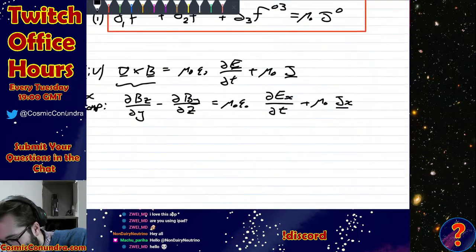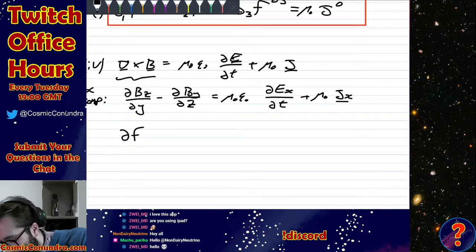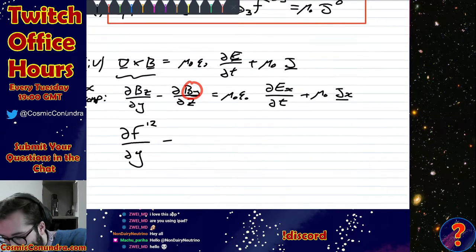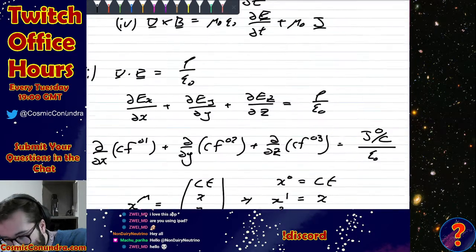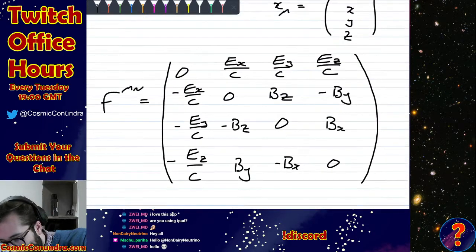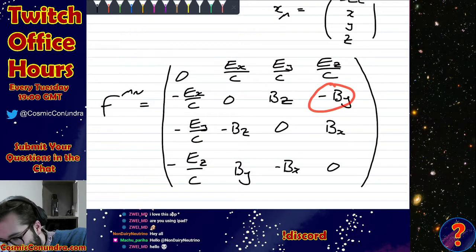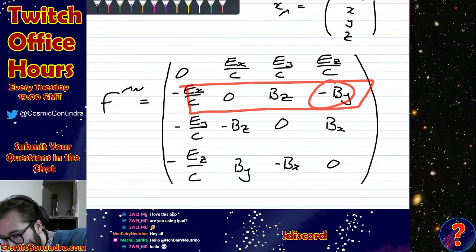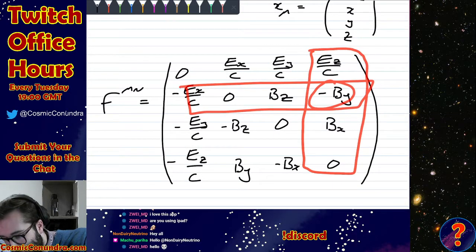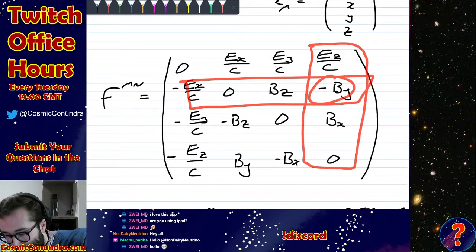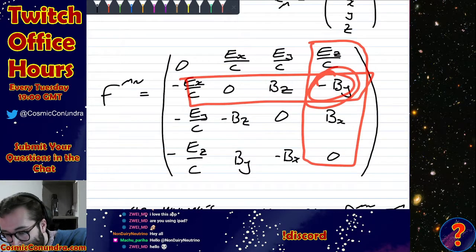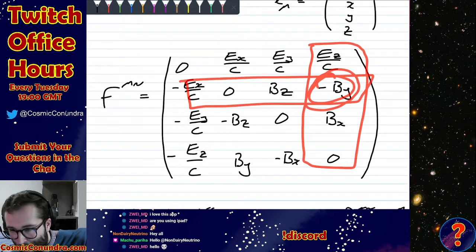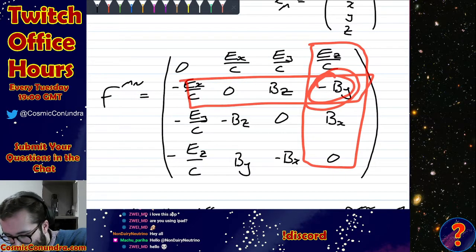So that means I will write this as d F12 by dy. Now I need to go and extract By from the tensor. By is given by, well, it's in the first row, so it's F1, and it's in then the third column, so it's F13. But of course, F13 is equal to minus By, so By will be minus F13. Okay.